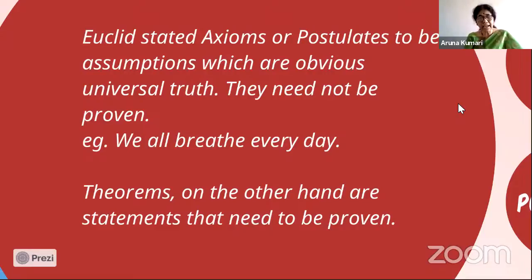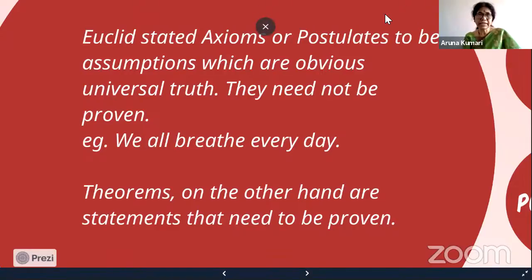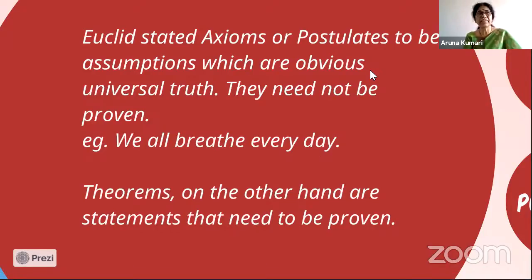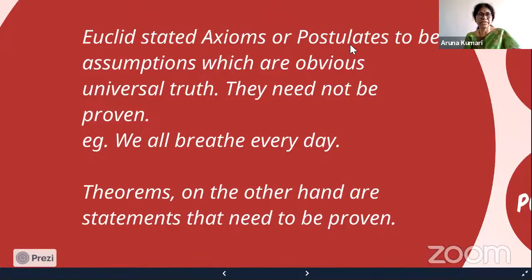That's why an accepted truth is known as a postulate. Students, you must understand this difference well. Axiom is universal truth, whereas postulate is accepted truth. This is the very little difference between these terms.